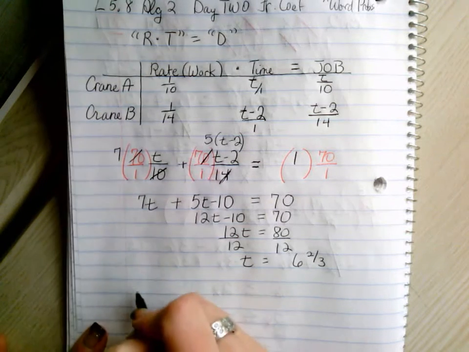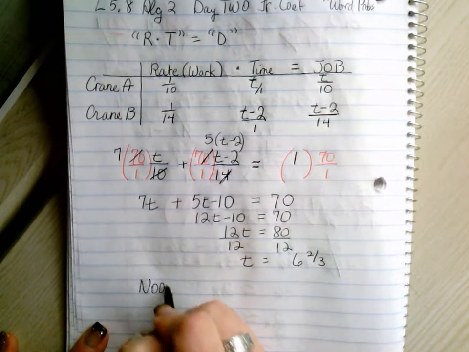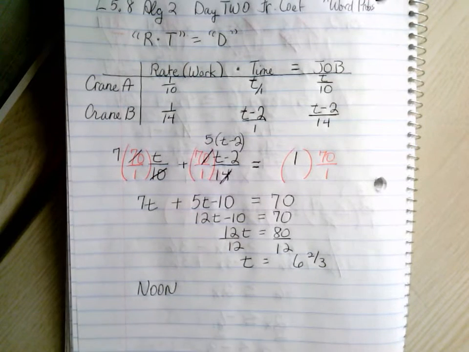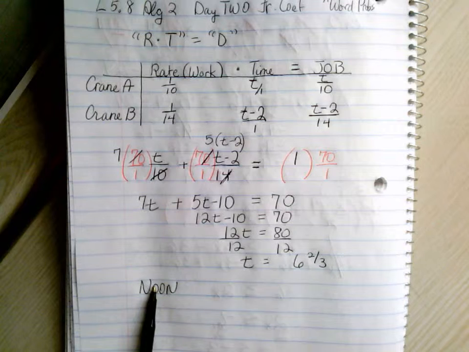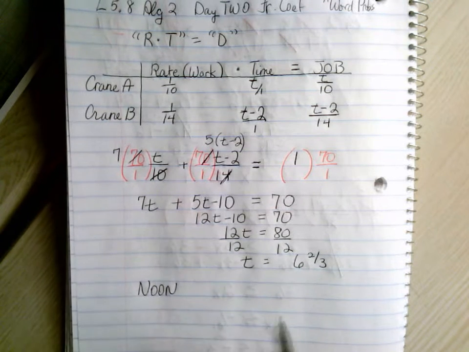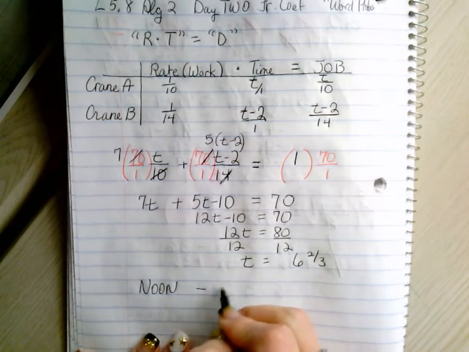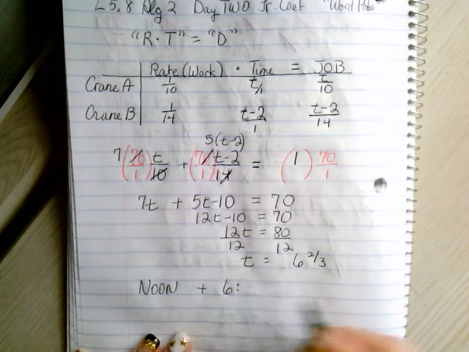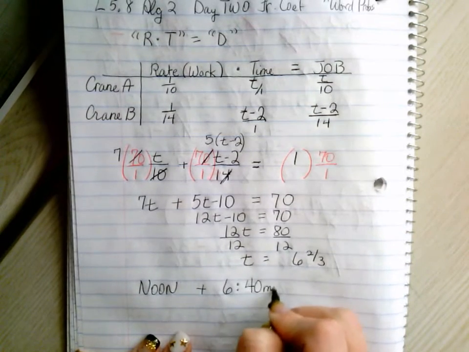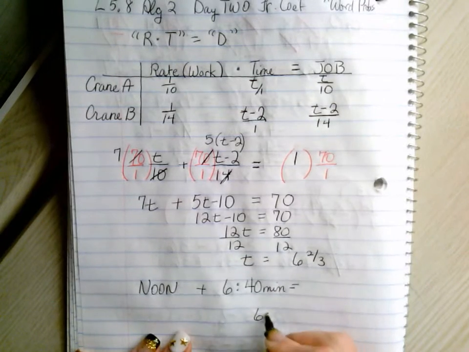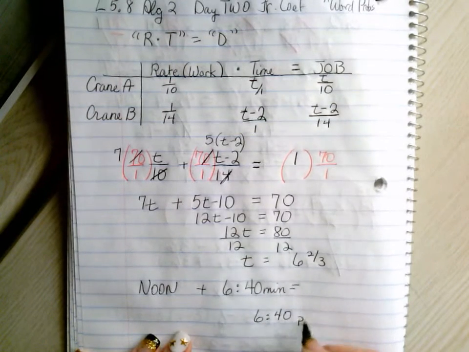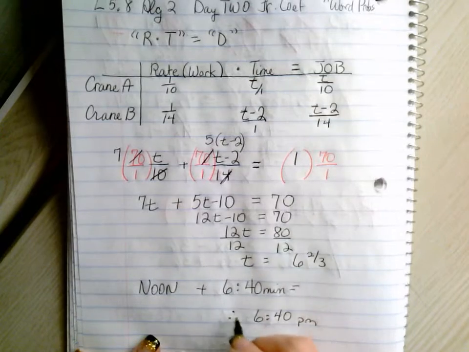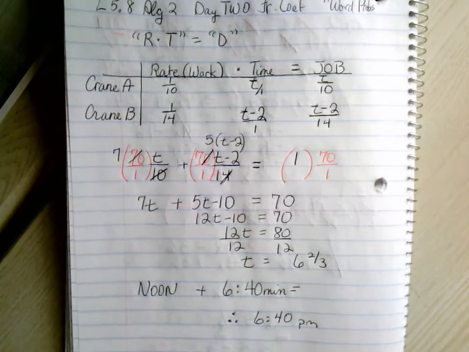And the beginning of the job was noon, right? When you're adding time to find a new time, you always start with the beginning. The beginning. So noon plus 6 hours, 40 minutes, obviously is going to be 6:40 p.m. Okay?